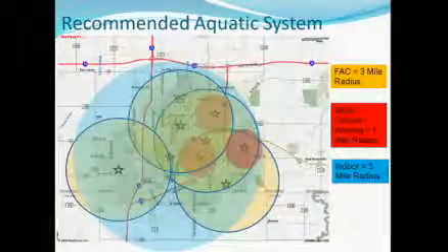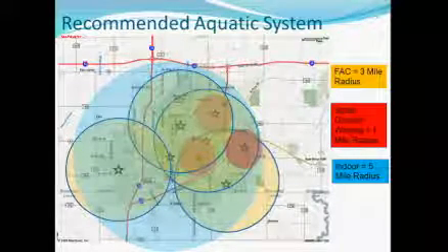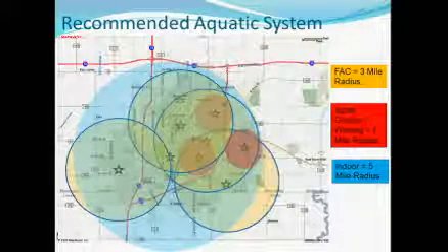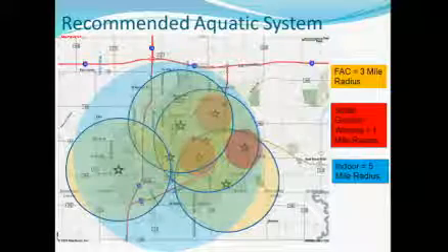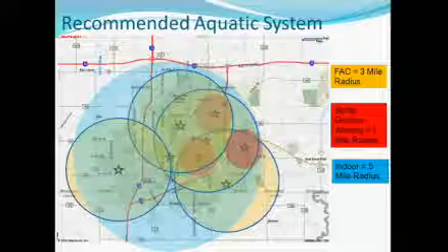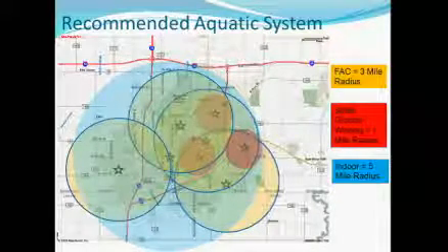The reason we started looking at a centralized one is indoor facilities are more expensive to build and more expensive to operate, and the most sustainable manner is to develop as few of those as you need to service your market. So I looked at doing a centralized facility that would have a service area that could cover the entire city versus needing 2 or 3 facilities to cover the entire city. That's the way we can do it with one, where if we went to a non-centralized approach, we would need 2 or 3.